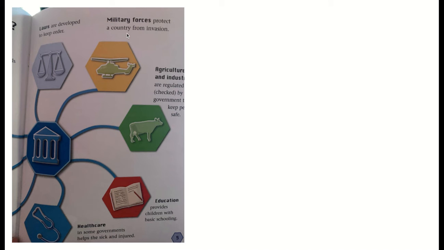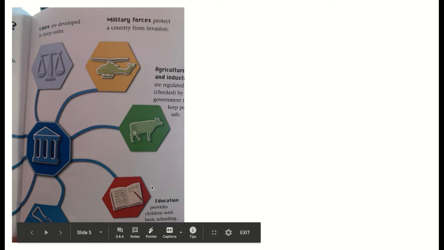Military forces protect a country from invasion. Agriculture and industry are regulated, or checked, by the government to keep people safe. Education provides children with basic schooling. And down here on the bottom, healthcare. In some countries, governments help the sick and the injured.